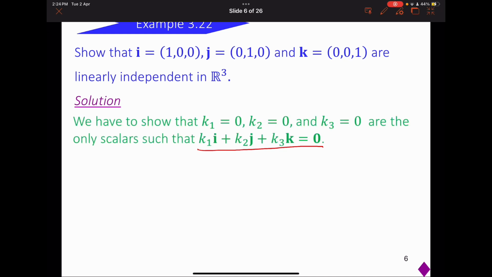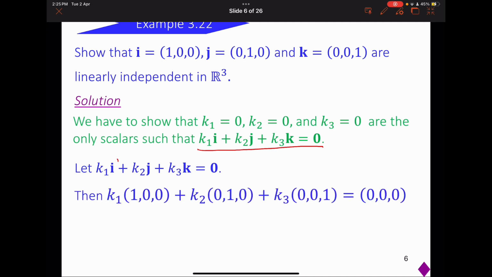To write the proof, we start by letting K1i plus K2j plus K3k equal the zero vector, and then we substitute the values of i, j and k, and the zero vector 0, 0, 0, and we want to find the values of K1, K2, K3.